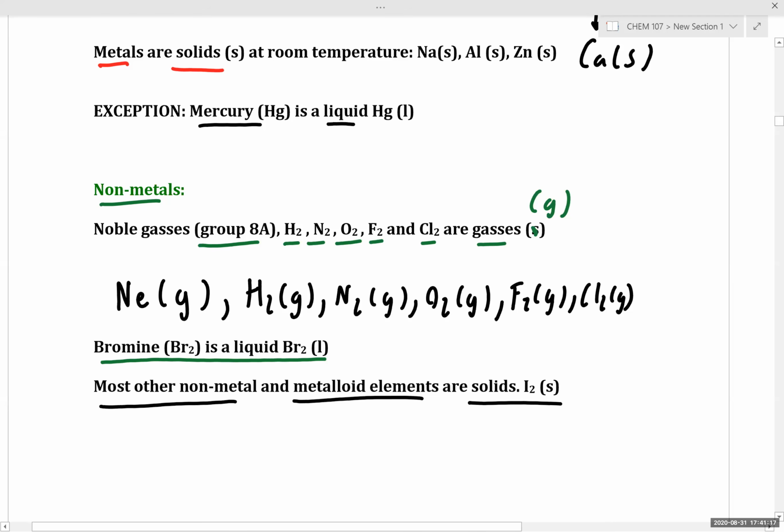Does this make sense to everyone? Any questions on assigning physical states to elements? You're going to need to be familiar with these physical states, both in order to understand what a sample of an element looks like at room temperature, and to begin to write valid chemical formulas and chemical equations.